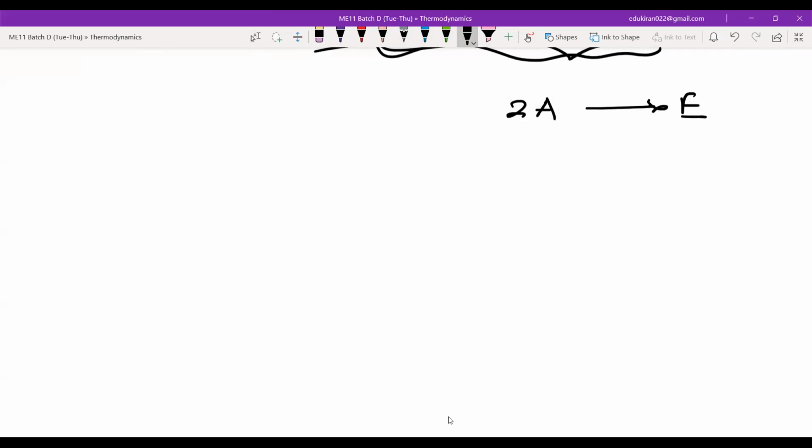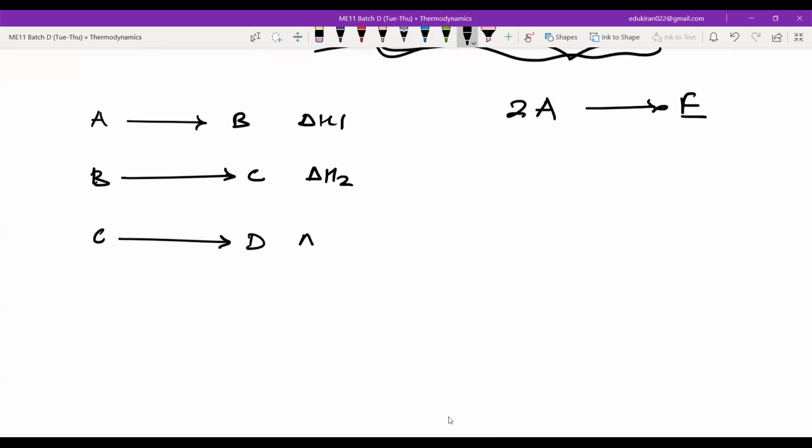Many scientists have worked on these reactions and calculated their enthalpies. So you have A to B with delta H1, then B to C, delta H2, C to D, delta H3, and then you have a reaction E to D, in which you have delta H4.